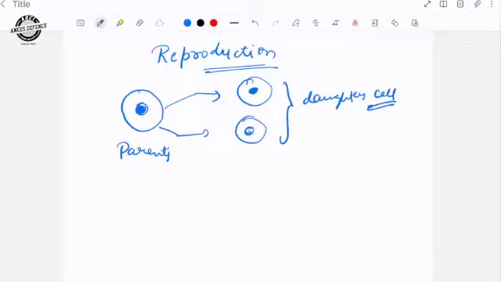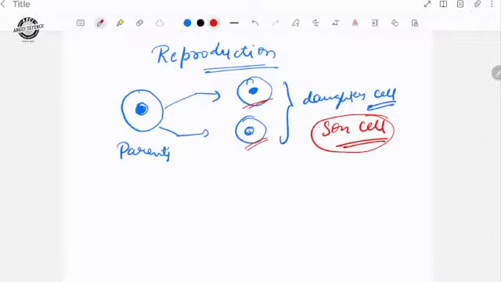Why are we considering them daughter cells, why can we not consider them son cells? Simply, we consider daughter cells because daughters have the capacity to produce again in future, but the son does not have the capability to reproduce. Therefore, we use the term daughter cell because both cells have the capability to reproduce again in future. So we cannot consider this a son cell, we have to consider it daughter cells.